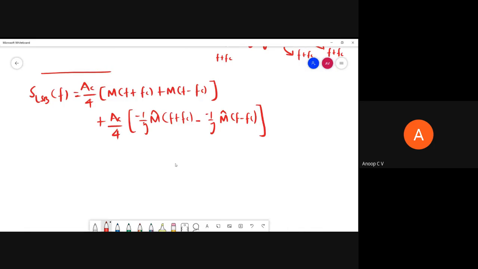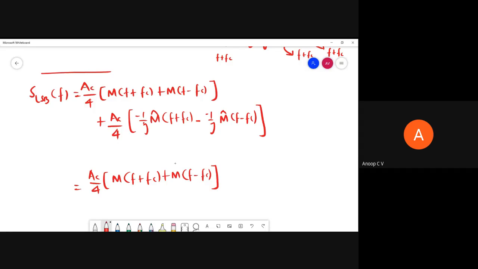So now this is equal to AC by 4 m of f plus fc plus m of f minus fc, plus, and this minus 1 by j I can take outside.